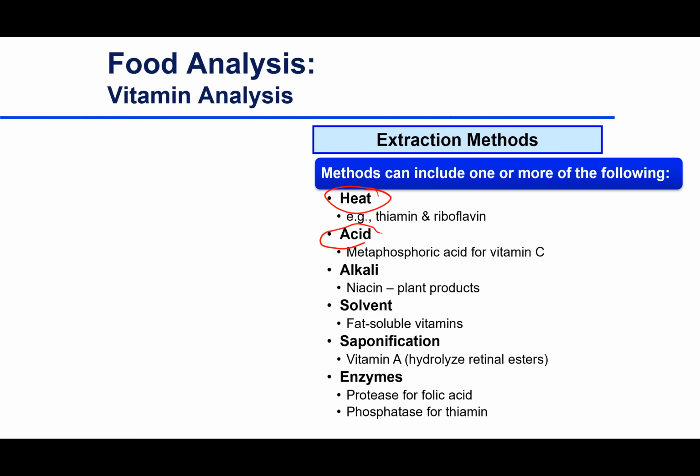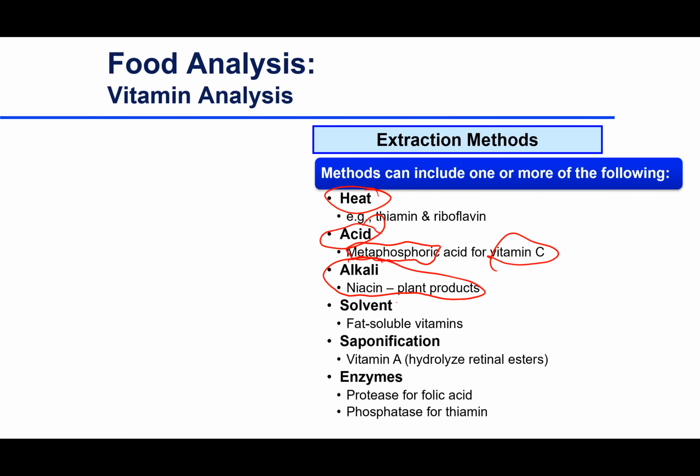Acid is required for vitamin C analysis, and the acid of choice is specifically metaphosphoric acid, which stabilizes the vitamin and keeps it from oxidizing and keeps it in its reduced form. So that's an example of acid. And alkali, I'll come back to this one in a big way in a minute. Alkali is necessary to analyze for niacin in certain foods.